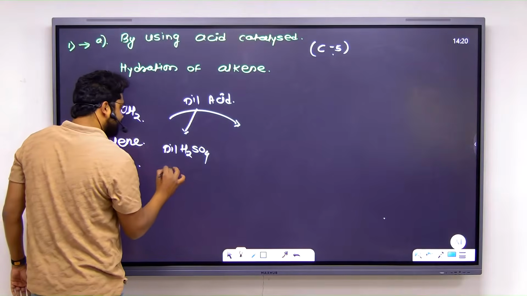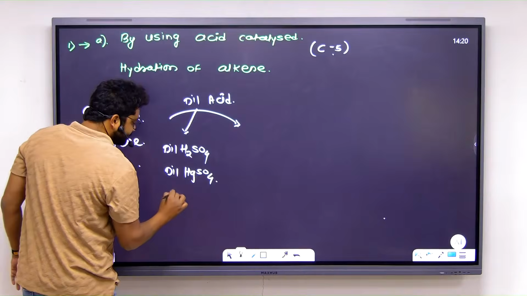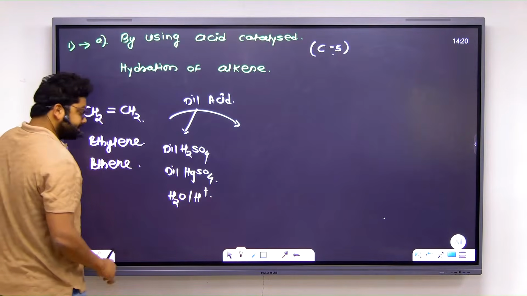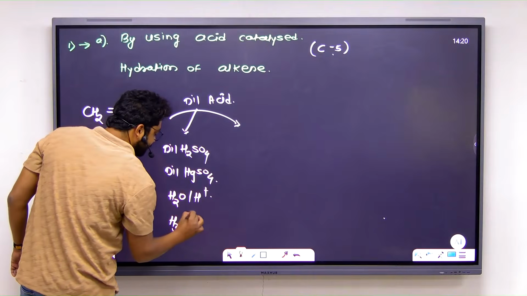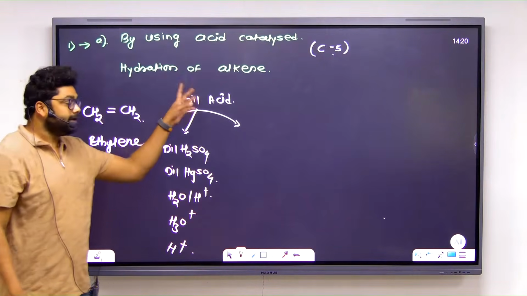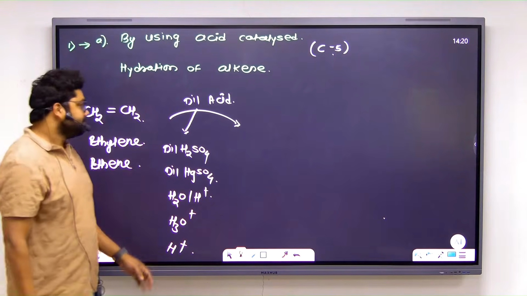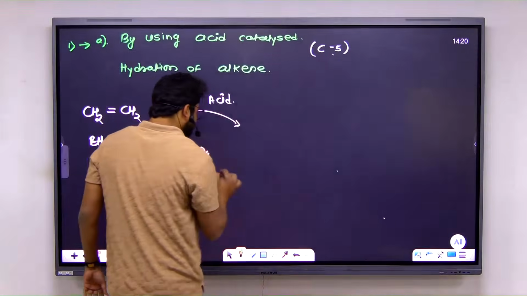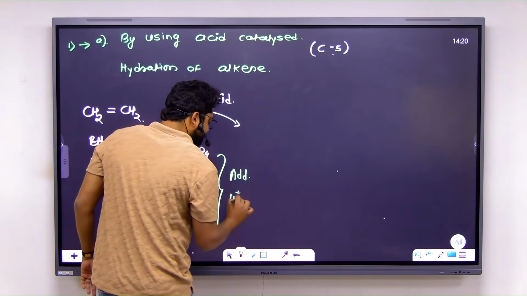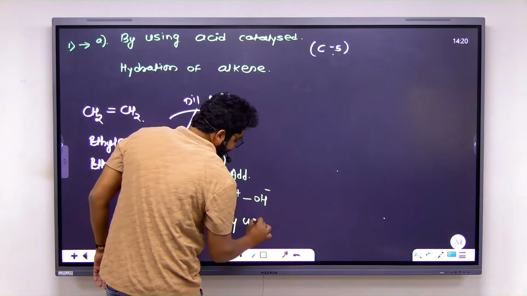You can put there dilute mercury sulfate. Sometimes in examination there will be H2O and what? H plus, or it will simply be H3O plus, or it will be only what? H plus above the arrow or below the arrow. The meaning of all these things is very simple. Add what? H2O. Right?